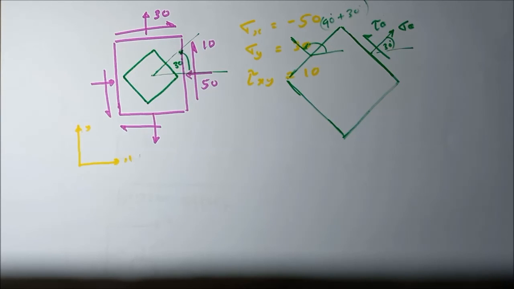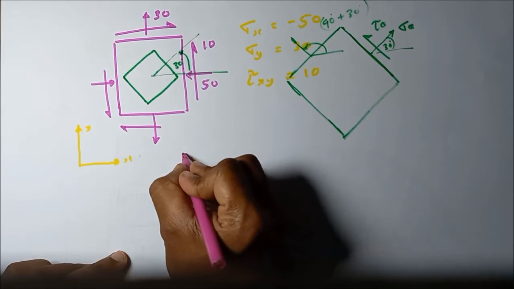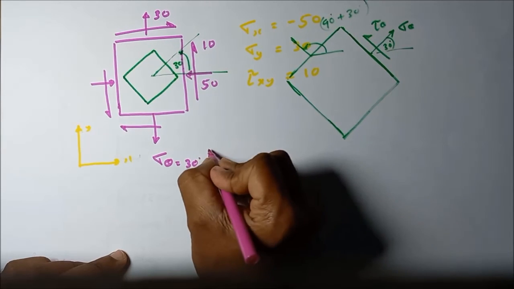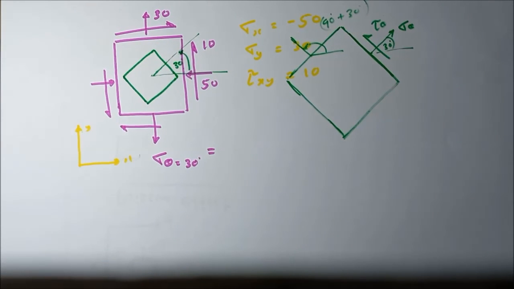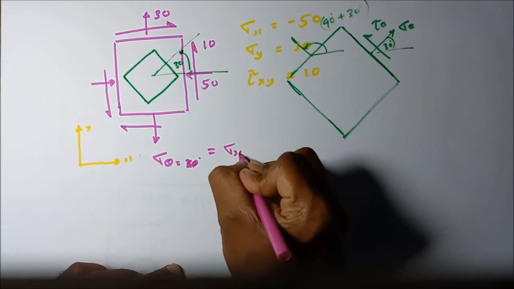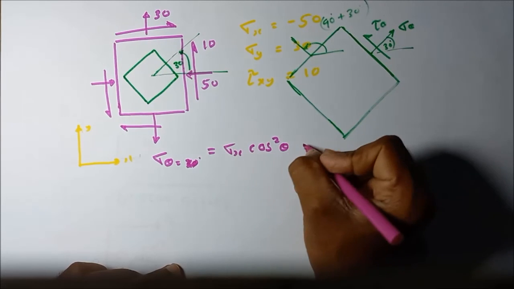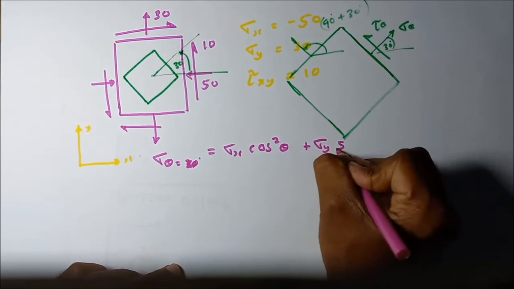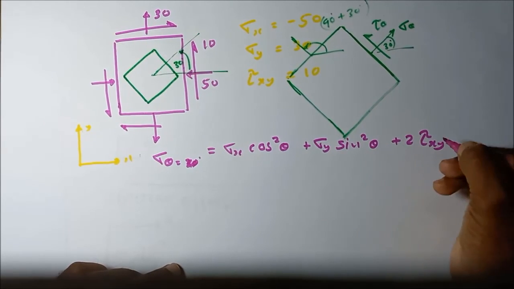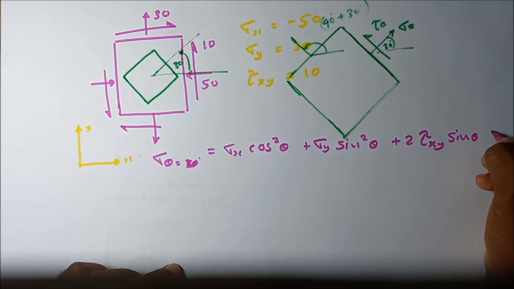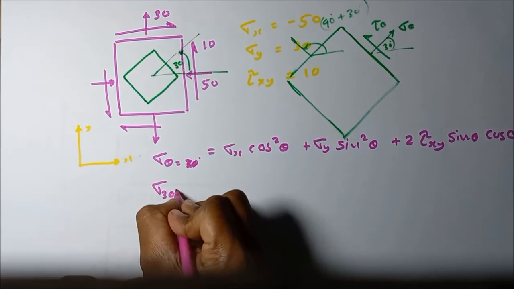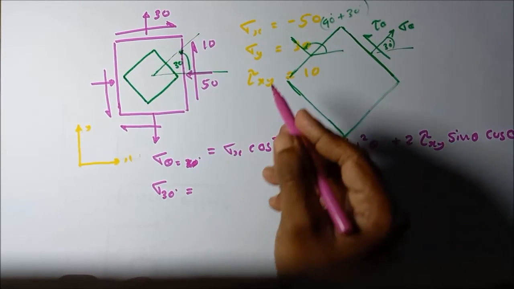First of all, I'm going to use the obtained equation to find sigma theta, for theta equal to 30°. First I will write the equation: sigma theta equals sigma x cos square theta plus sigma y sin square theta plus 2 tau xy sin theta cos theta. Now for 30°, what is sigma x?